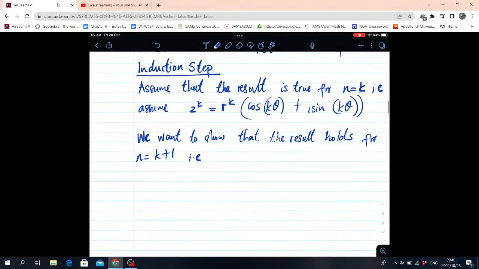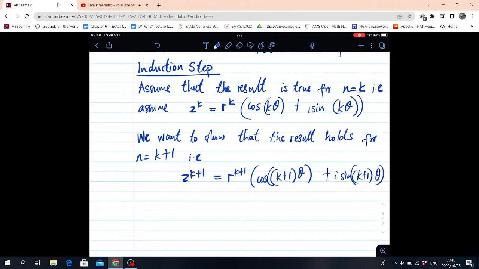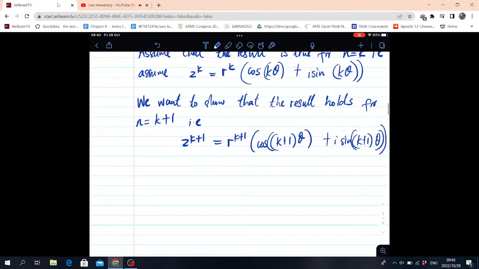In other words, we want to show that z to the k plus 1 is equal to r to the k plus 1 cos k plus 1 theta plus i sine k plus 1 theta, like that, right? And then our strategy would be to start maybe with z to the k plus 1 and hopefully end up with this on the other side, right?